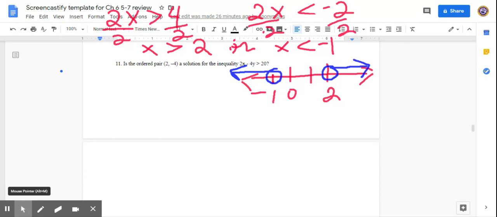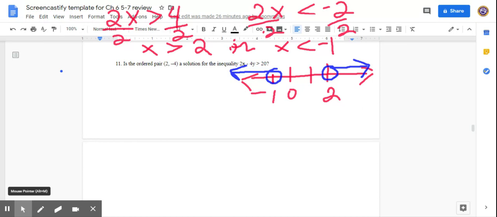All you need to do is substitute the values of x and y into the inequality and see if it makes a true statement. If it makes a true statement, it's a solution, which means if you did graph it and shade it, it would be shaded. Okay? If it makes a false statement, it means the point is not part of the solution. So it wouldn't be shaded if you did all the work, but you don't need to.